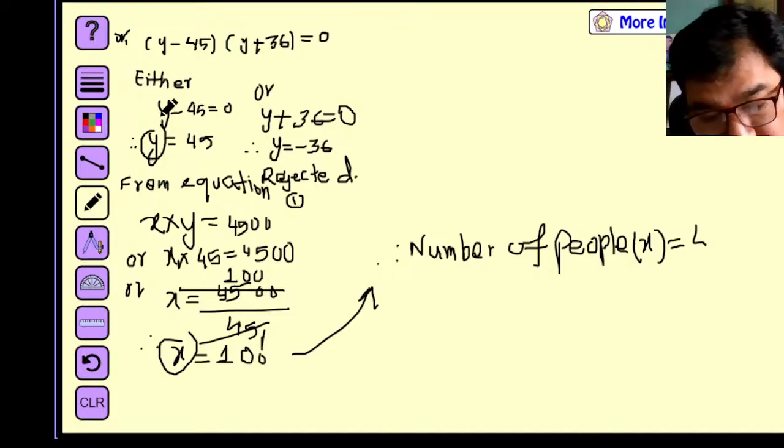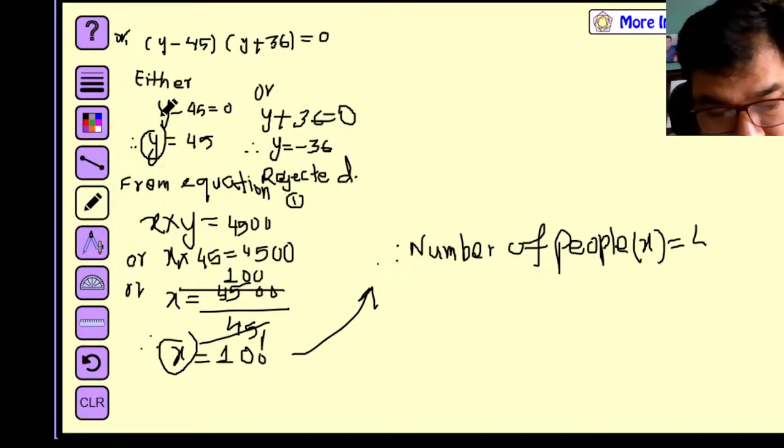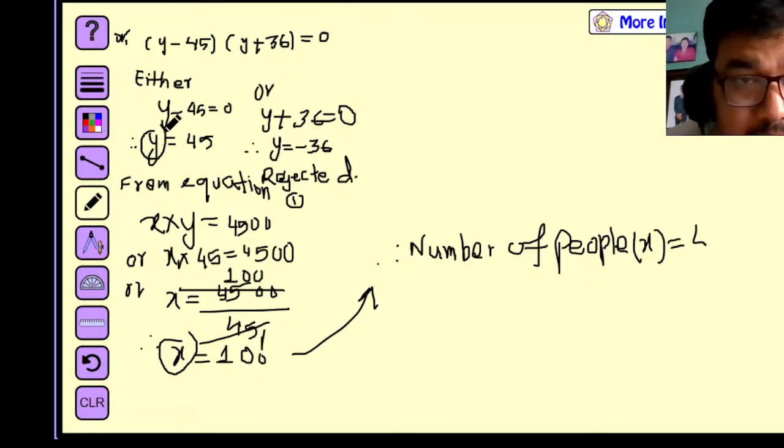Okay, let's see the question once again. Yeah, money received by each is y. That is what we are supposing in the question, the first one that we have tried. Number of people, x is how much there? 100 comes here.